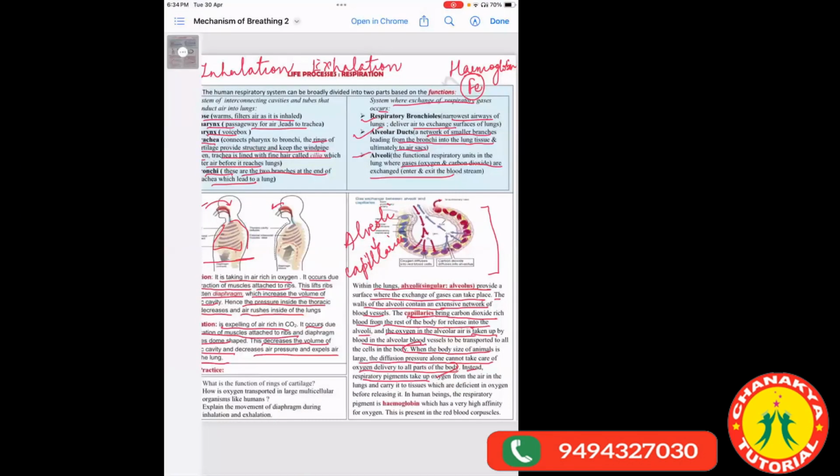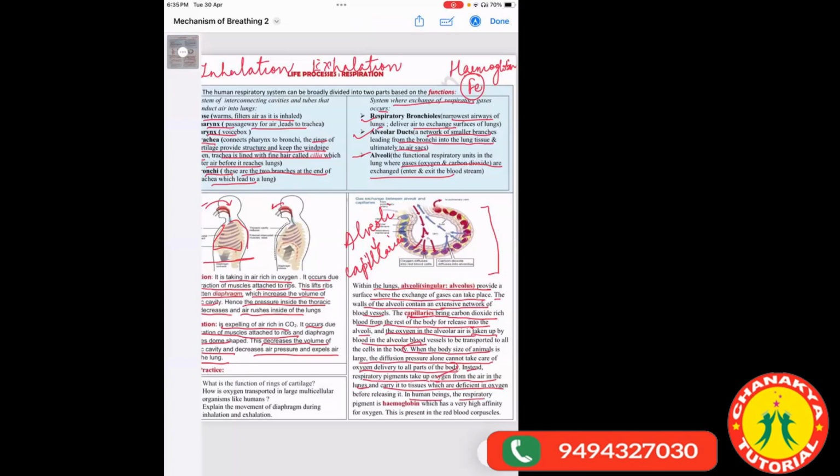So instead of the diffusion process, they will have the respiratory pigment that takes up oxygen from the air in the lungs, and then carries it to the tissues which lack oxygen. Wherever the deficiency of oxygen is there, hemoglobin will be carrying it.